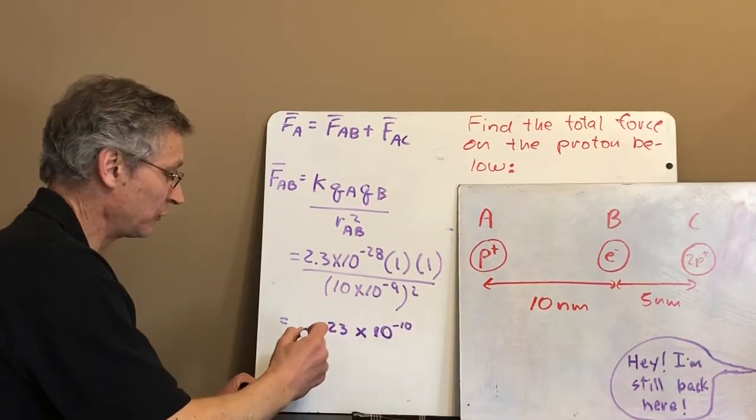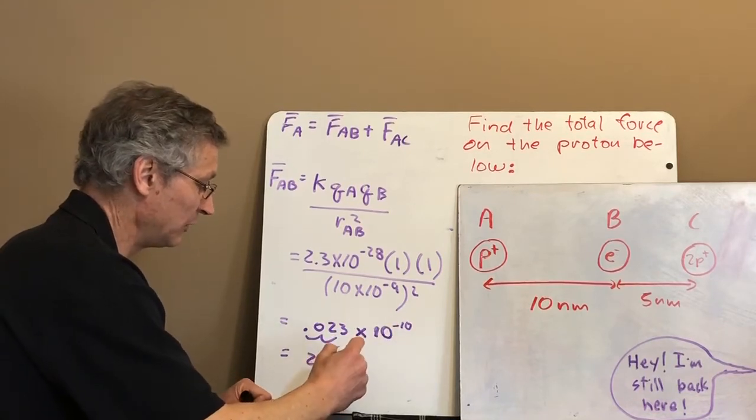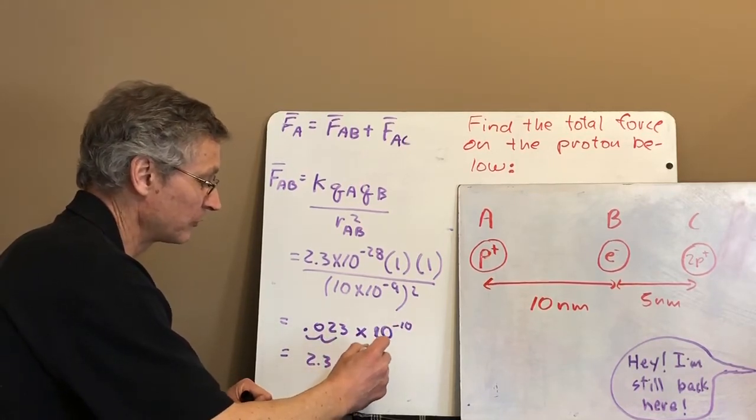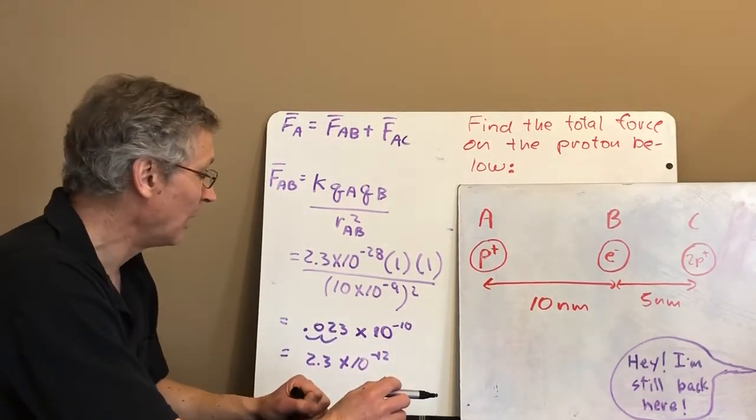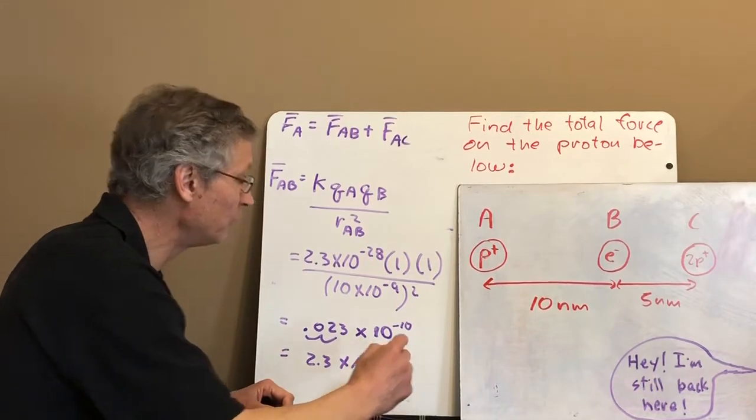Okay, make this one bigger by 2, so we got to make this one smaller by 2, and there's your answer. 2 times 10 to the -12. Don't forget, we're talking about a force, so it's going to be newtons.